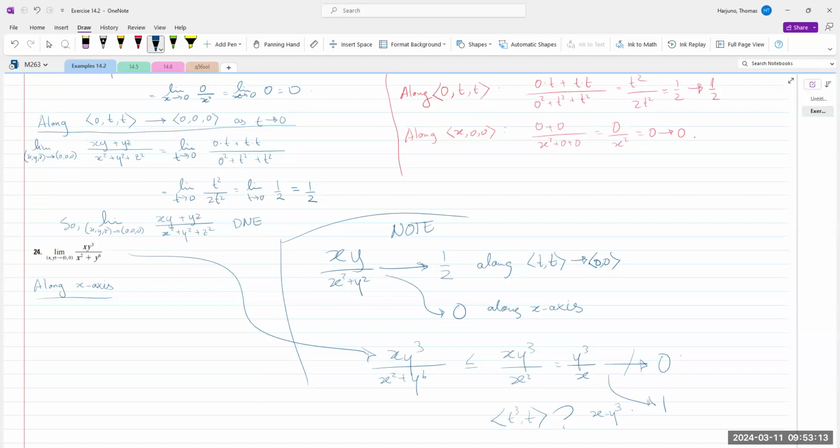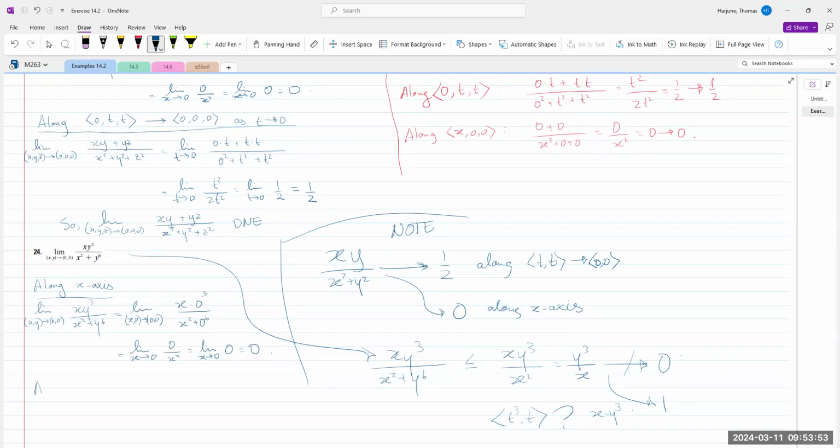Okay, but we know along the x-axis we have the limit as (x, y) goes to (0, 0) of xy cubed over x squared plus y to the 6. We set our y to be 0. The limit as x goes to 0 of 0 over x squared. That's already 0 before x is replaced by 0.